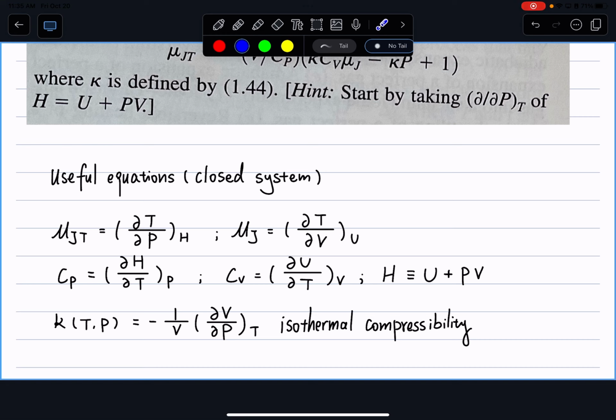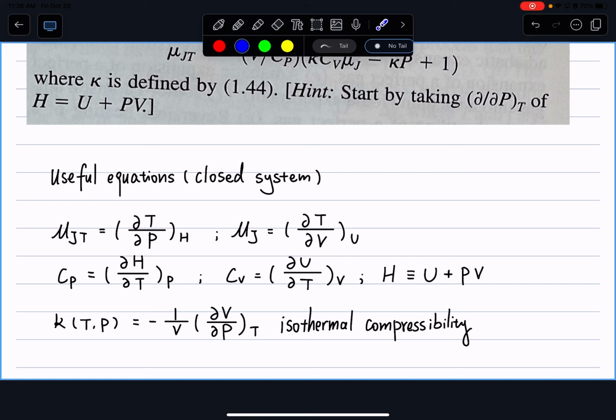Now, some of the things will raise an alarm, for example this term here. Remember, we have the chain rule for these partial derivatives. If you write out everything, the partial derivative of T over V at constant U times V over U at constant T gives you negative 1.